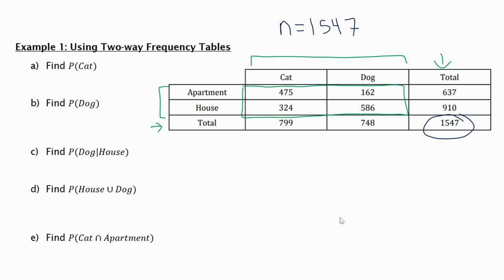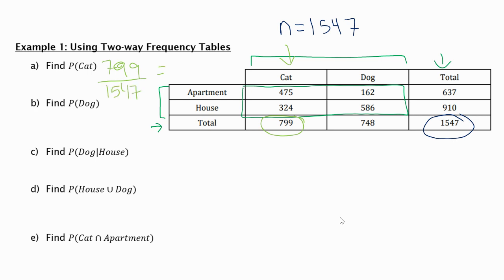The first one is the probability of someone owning a cat. If you look at our column for cat, 799 people own a cat, out of 1,547.